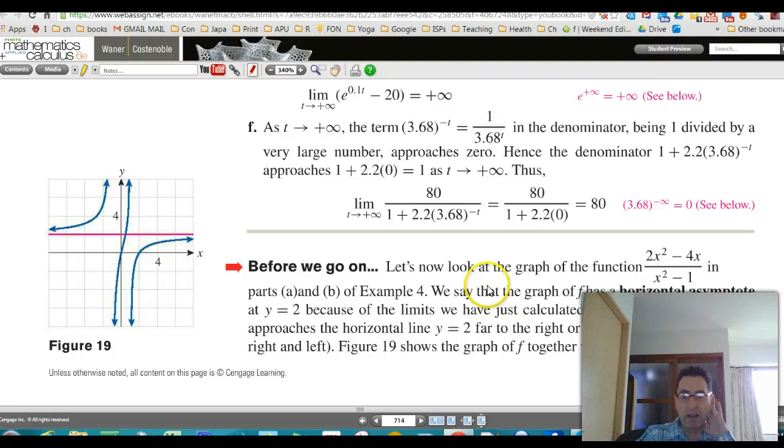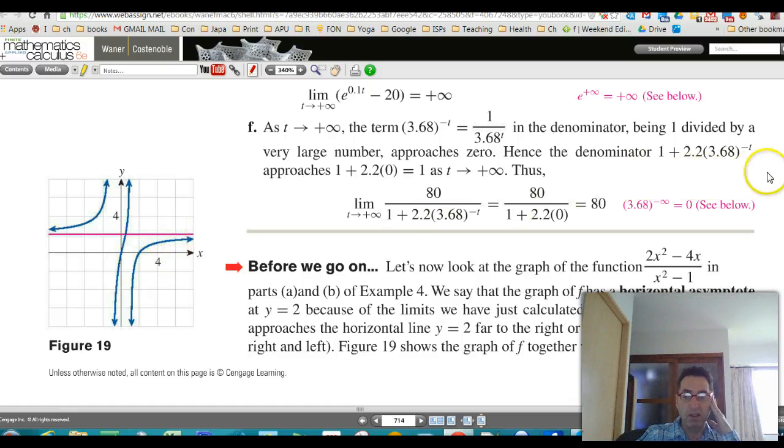Okay, before we go on, now look at the graph of the function, this one, in parts A and B. I'm not sure, but anyway, we say that the graph of f has a horizontal asymptote at y equals 2, because of the limits we have just calculated.